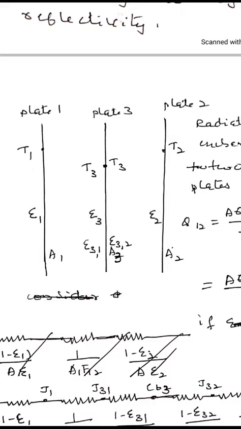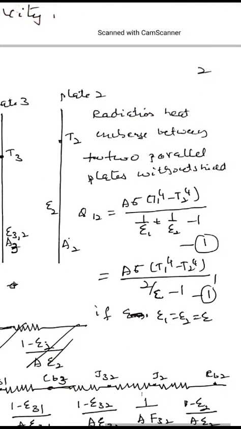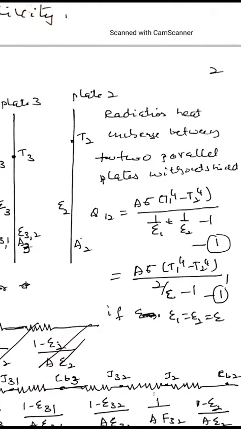Radiation heat exchange between these two parallel plates, Q12, is given by A sigma (T1 raised to 4 minus T2 raised to 4) divided by (1 by epsilon 1 plus 1 by epsilon 2 minus 1). Equation number 1. If all the plates have the same emissivities, then we can write Q12 equal to A sigma (T1 raised to 4 minus T2 raised to 4) divided by (2 by epsilon minus 1).